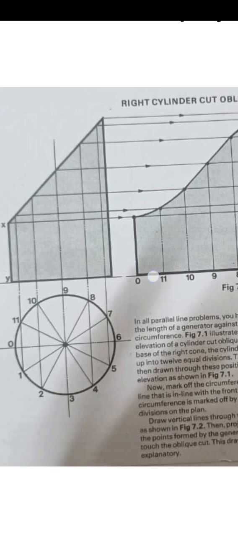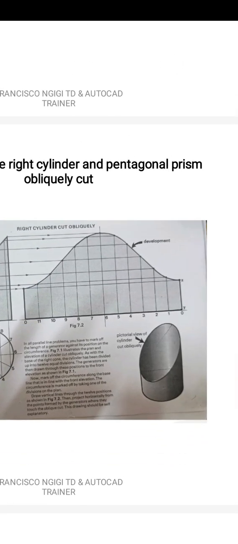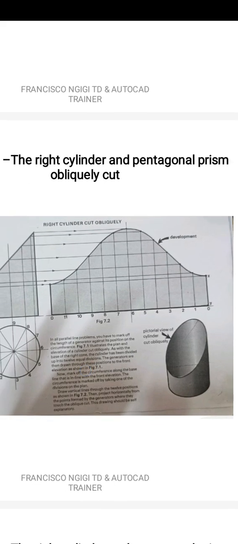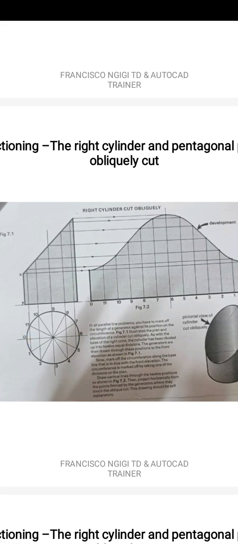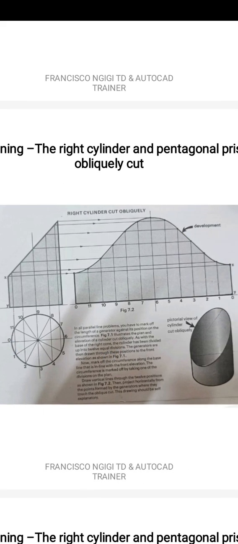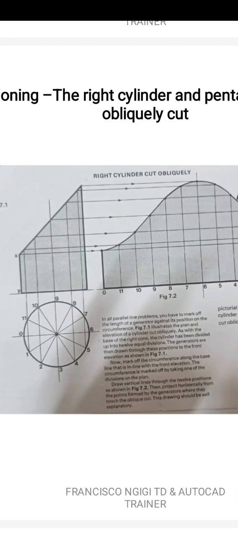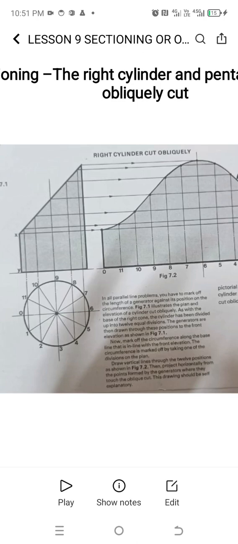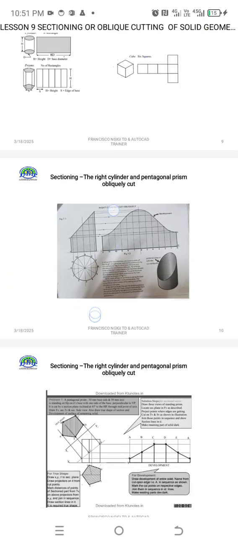Remember, once you open this point, 0, and you go back to 0, you have covered the circumference. So that's why you see we are reading from 0, 11, 10, all the way to 1, not 12, but to 0, because this point, once you open it, the start and the end is 0. Then you're going to space the parallel lines. So the parallel lines that you're going to space, once you space this one to this other point, you'll realize that this point joins to that.